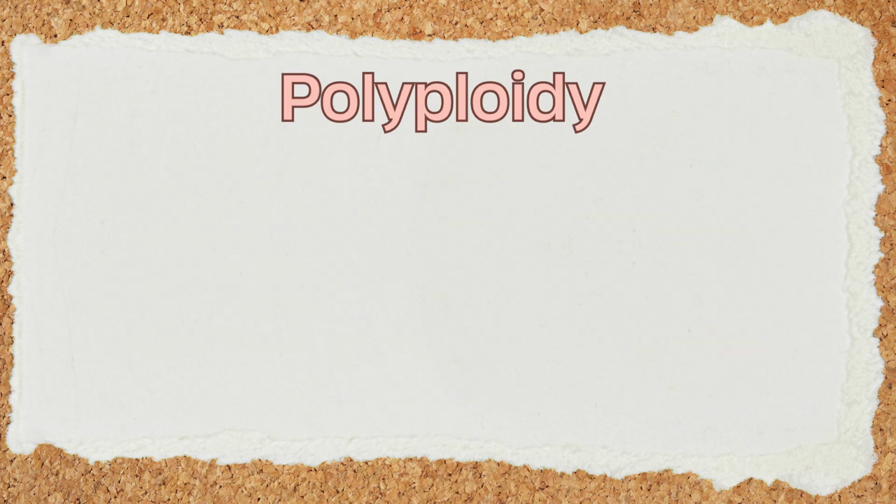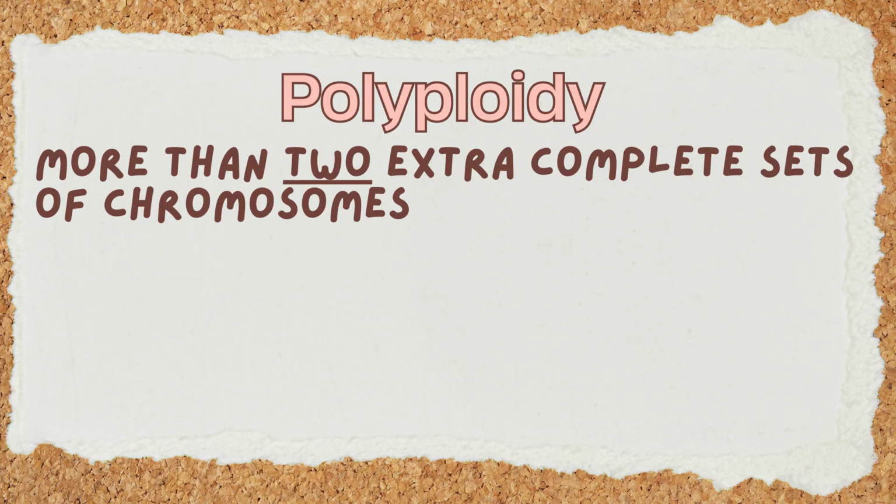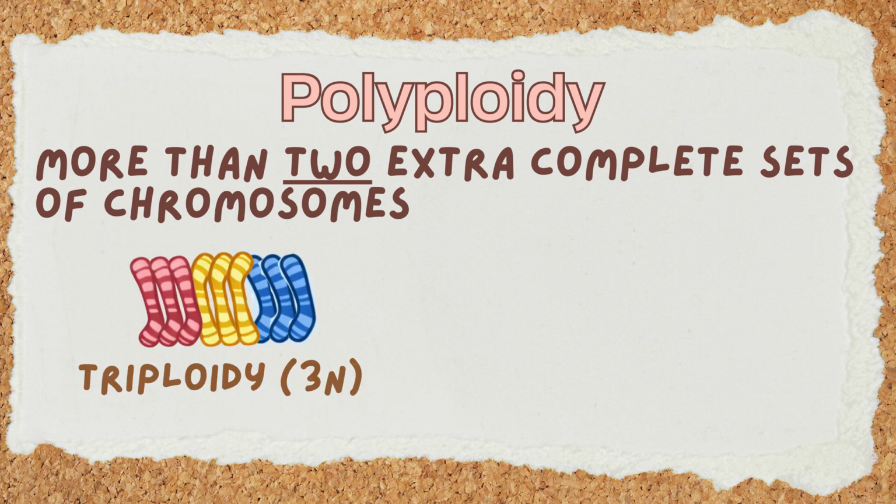Now let's start with polyploidy because it's conceptually simpler. Polyploidy means you have extra complete sets of chromosomes. So instead of 46 chromosomes, you can have triploidy, which equals 69 chromosomes, or 3 complete sets.